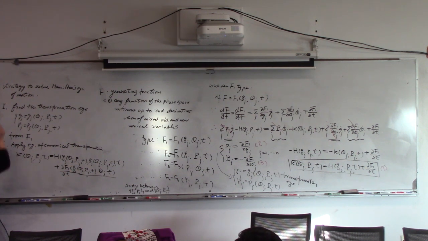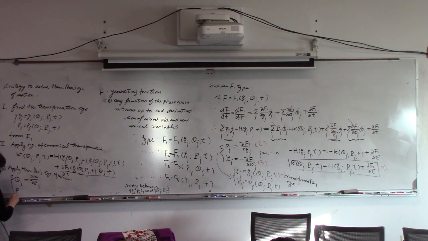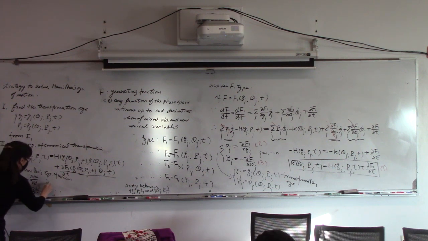That is the second step. And third, once we have this, we apply Hamilton's equations of motion: Q_J dot is partial K over partial capital P_J, and capital P_J dot is minus partial K over partial capital Q_J. So we are going to solve this.